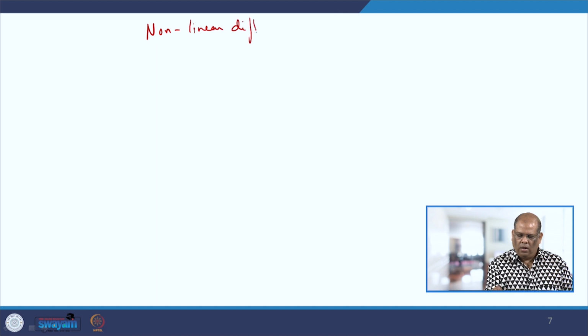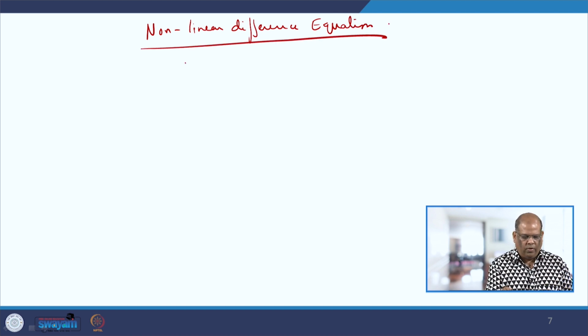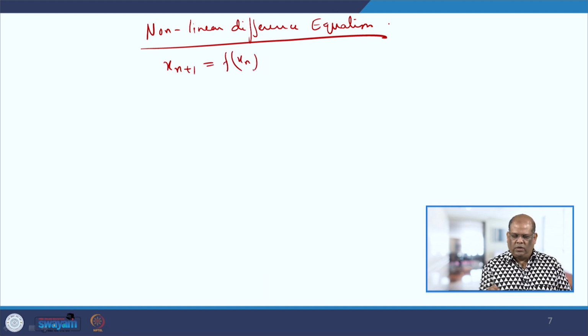So far, we have been dealing with linear difference equations. Now, let us move on to the nonlinear difference equation. So, a nonlinear difference equation will be of the form x n plus 1 equal to f of x n, but this will contain nonlinear terms.